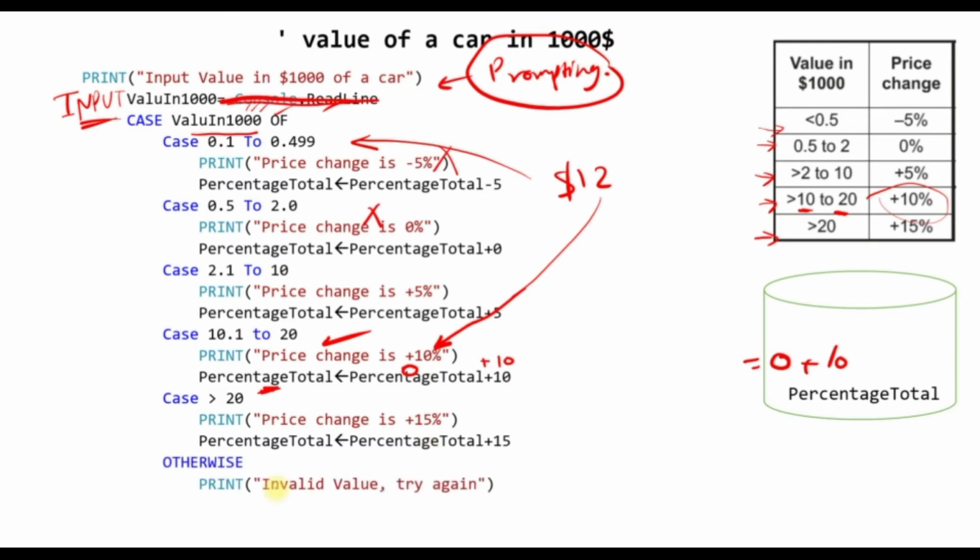if the user inputs, for example, negative 30 by mistake, so it should show an error message here, invalid value, try again. And as usual, we will use repeat until value is greater than 0, because the value must be positive value.